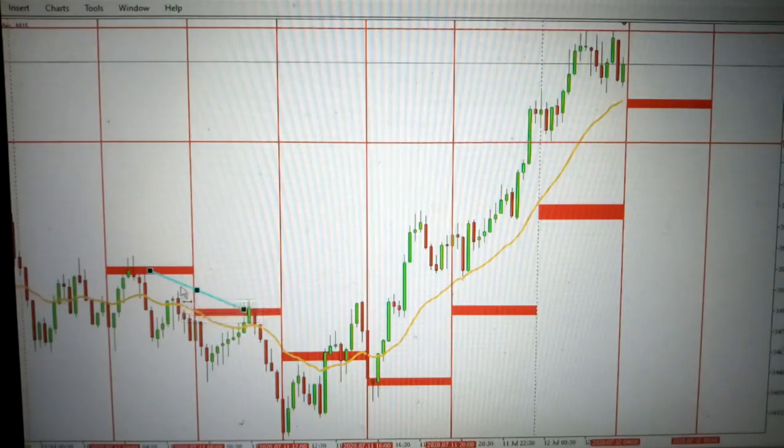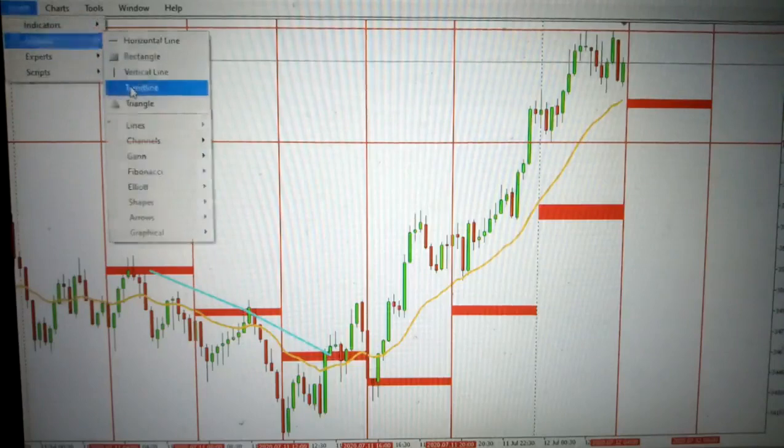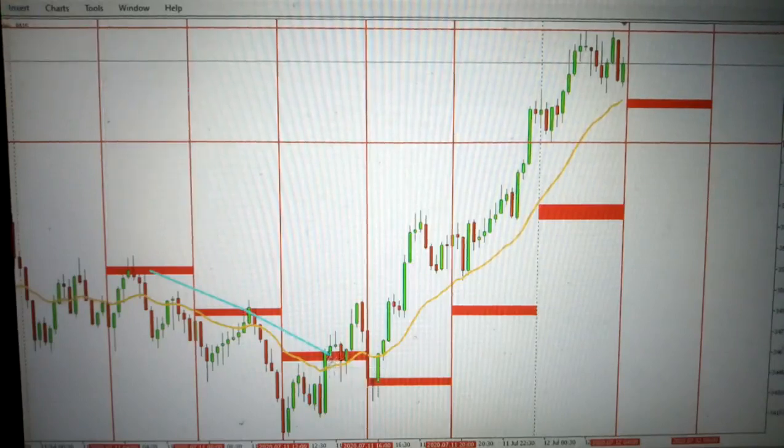Okay, let's just leave that to that. The next one connects from midpoint to midpoint. And the next one is connect from midpoint to midpoint. Okay, that's that.